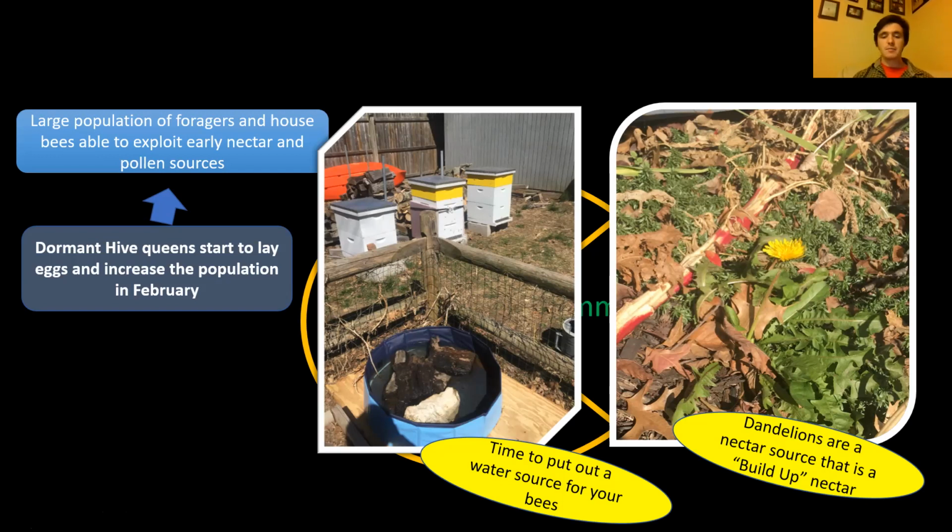So you really want to get them honed in on one particular water source early. This is like a little dog bath, kiddie pool thing with some logs and a bunch of salt so that mosquitoes don't grow, right next to the hives.